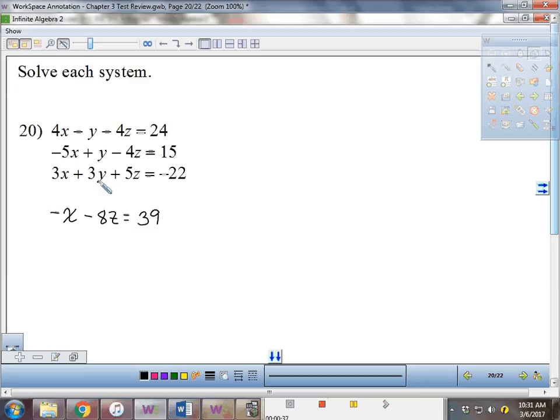So I think I'm going to choose the top and bottom because I can just multiply by 3 up here, whereas I'd have to multiply by negative 3 on this one. So I'm choosing the top and the bottom.